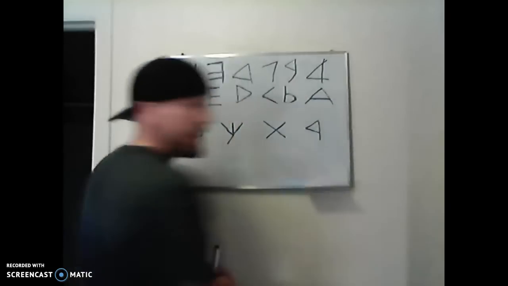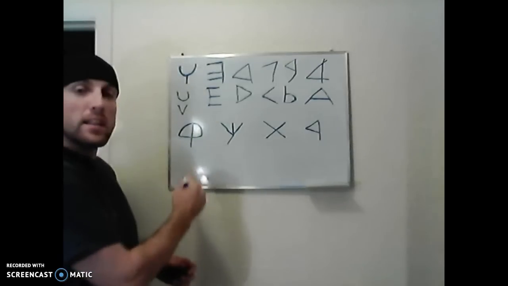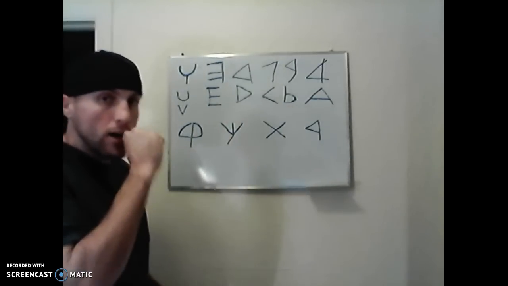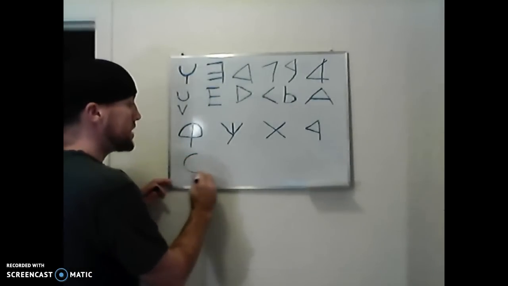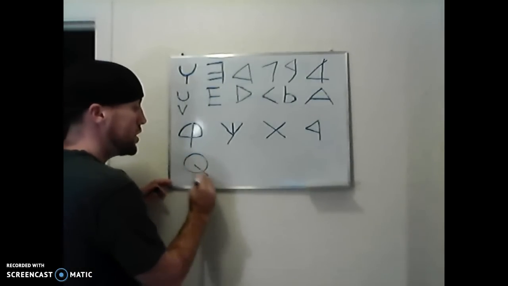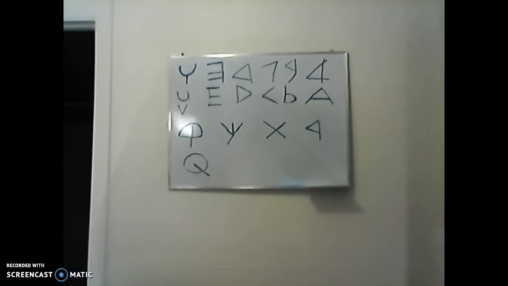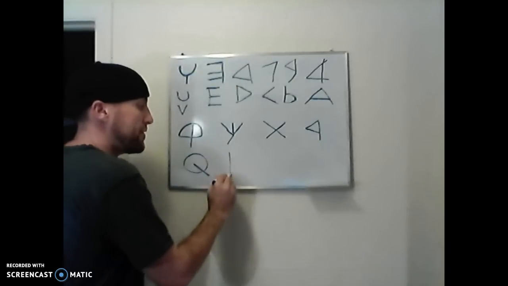Now I added this one just for fun because this is the letter Kof. Kof. Like cough. And this is the exact same letter as our letter Q. Can you see it? There it is. And then this one is the letter calf.